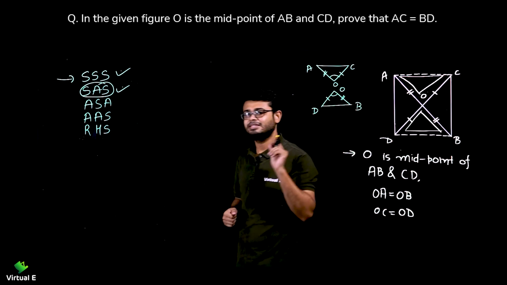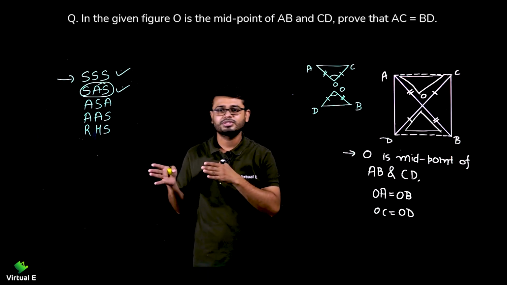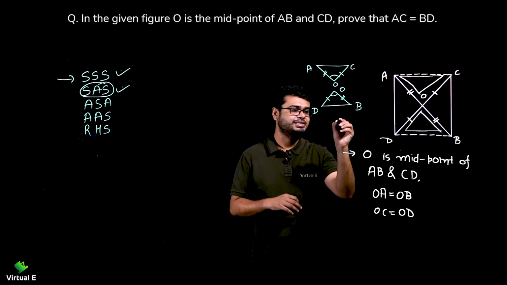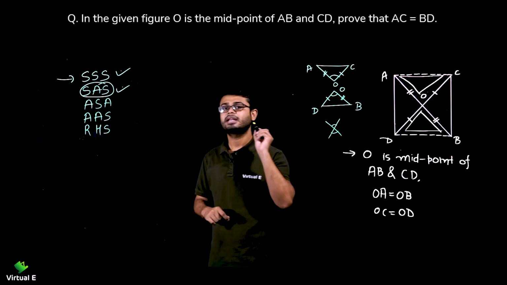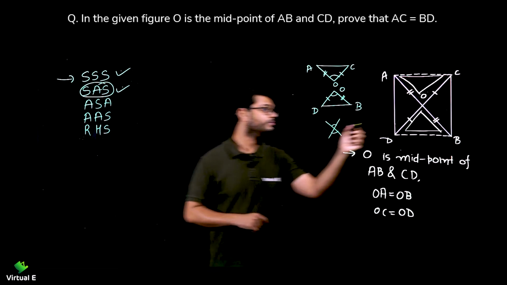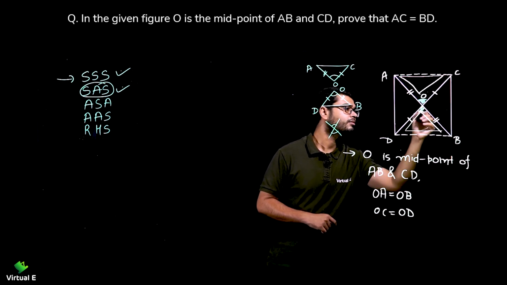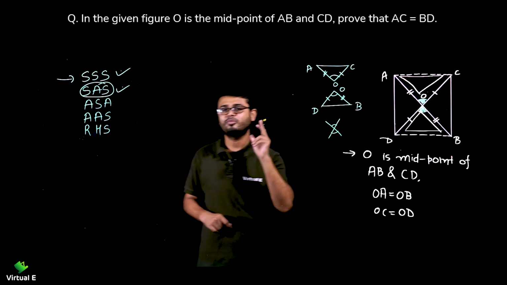Remember the chapter lines and angles, right? I told you that chapter we are going to use throughout geometry, right? So if you observe, it is making an X. Now X means what? Vertically opposite angles. So this angle here, AOC, and here DOB will be equal because they are what? Vertically opposite angles.